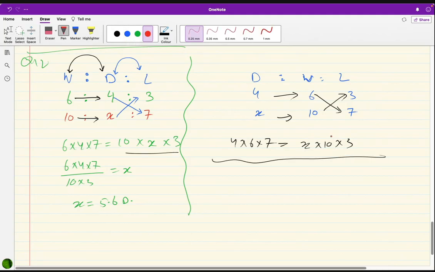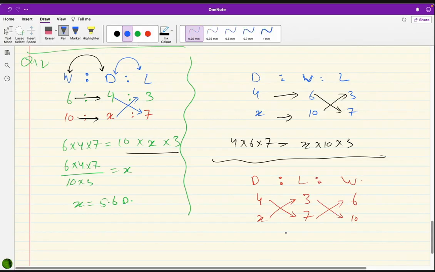Let's try one more switch. Let's say days, depth, and workers. Now we had 4 days, 3 meters deep, and 6 workers. Unknown days, 7 meters deep, and 10 workers. Now days and depth are directly proportional, and depth and workers are again directly proportional. Any confusion in these two direct relations?